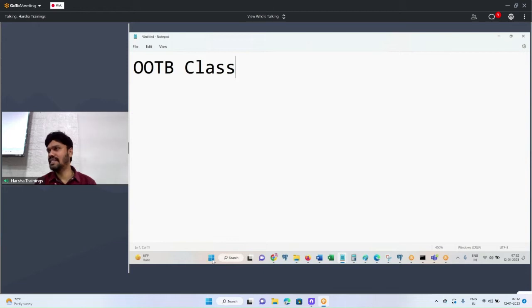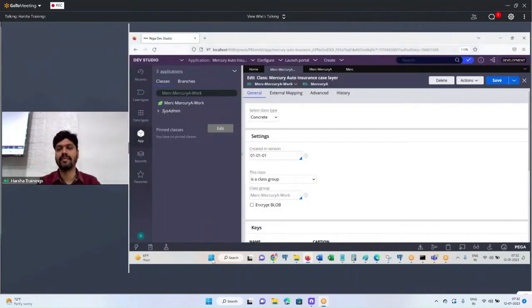We already discussed that functionalities will be there inside classes, and classes will be there inside an application, correct? When you purchase the license for the Pega platform, you are getting this platform, and predefined functionalities are already available and provided. Out of which we discussed send email notification, correct? Let me open the same.